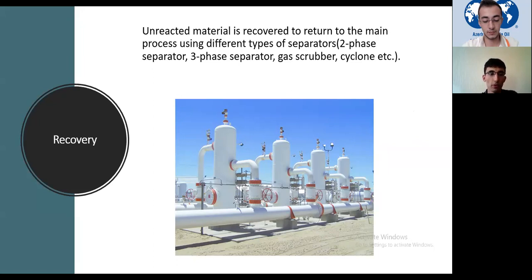As I've said before, recovery is to increase production yield, or what we call conversion. So it is maximum usage of catalyst or raw materials in order to get as much desired product as we can. So these are the separators you can see on the photo.